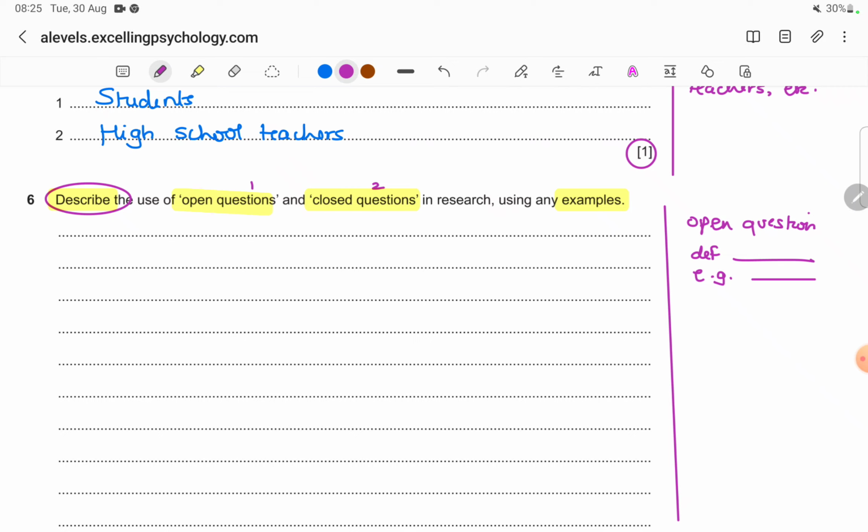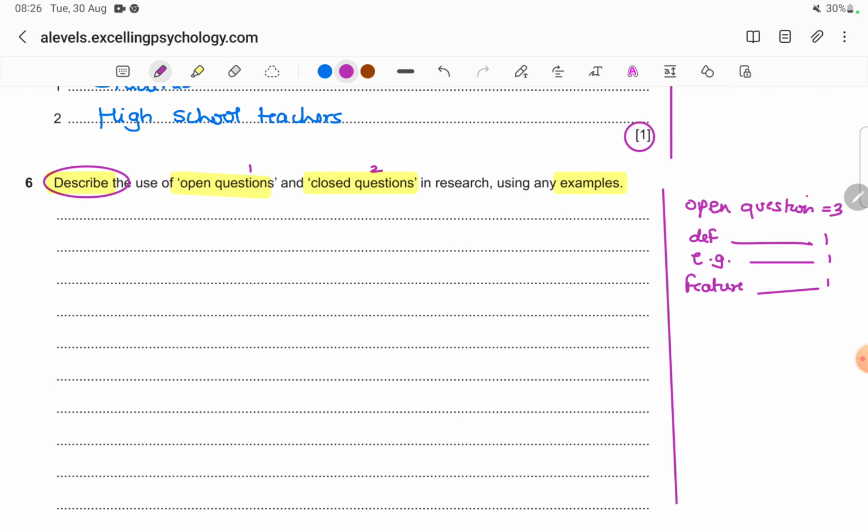Because they have allotted 6 marks for this answer, I suggest we also present some feature of an open question. Then the marking becomes easy in our minds, and the examiner just allots 1 mark for each. So we get 3 marks for the open question part.